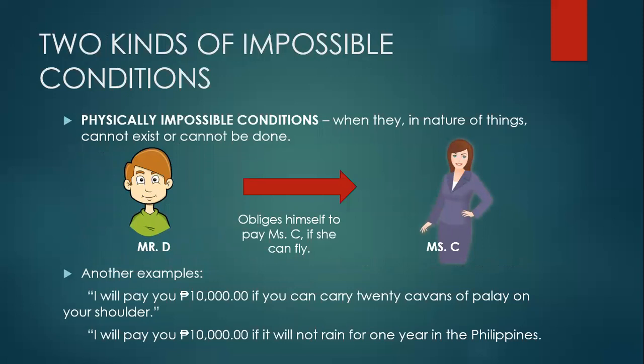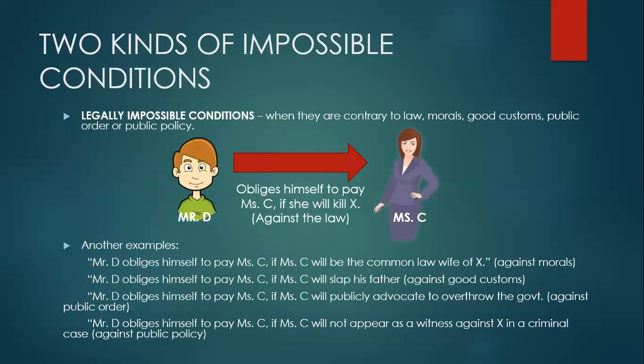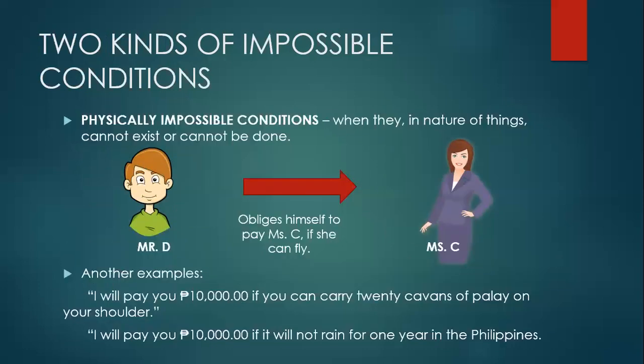Now let's discuss the two kinds of impossible conditions. Number one is physically impossible conditions. And the other one is legally impossible conditions. Let us discuss first the physically impossible conditions. Under the law, physically impossible conditions are those which, in the nature of things, cannot exist or cannot be done.